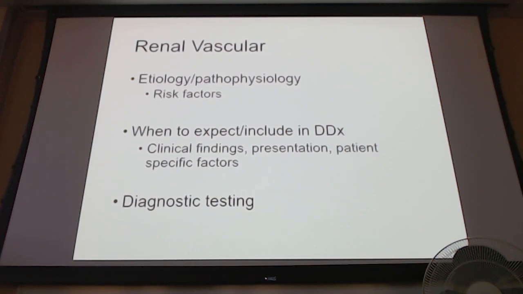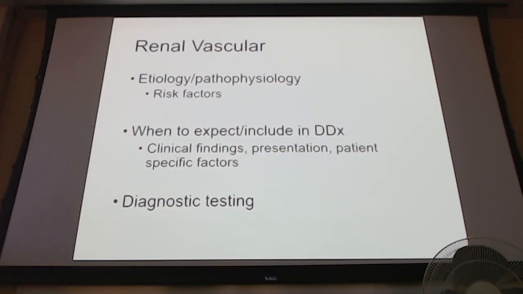So renovascular hypertension. What are the two most common causes of renovascular hypertension? Two broad categories of conditions. Not what causes them, I mean, not medical disease. Yes, medical disease will beget what I'm thinking of.